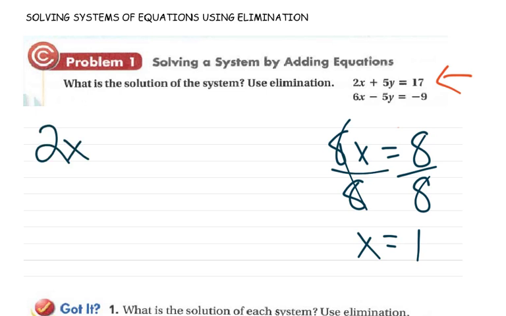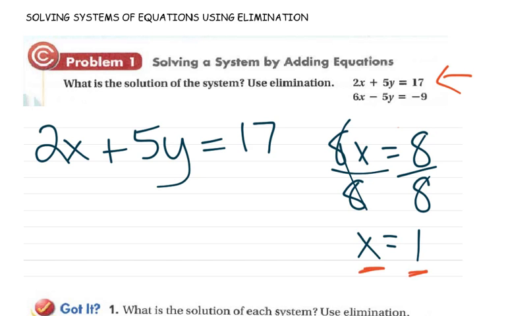So I'm going to write it over here, 2x plus 5y equals 17. And notice that x is 1, so I can either use the x or I can use a 1. And in this case, we need to use the 1 because we were trying to solve for y, and we can't ever solve for more than one variable at once.